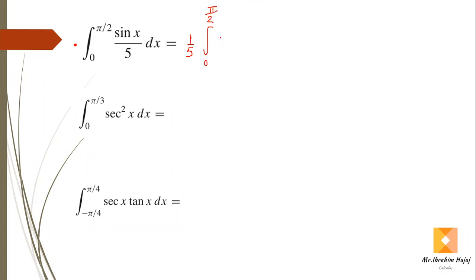The integral of sine is negative cosine x, from 0 to pi over 2.